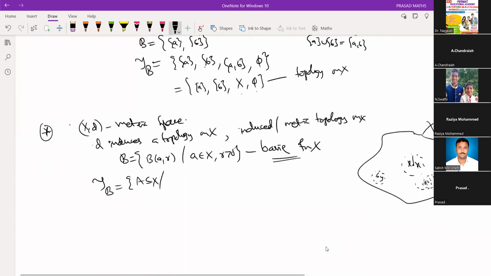For any member A you take, for every point x in A, there exists a basis element containing x and contained in A. What is a basis element?